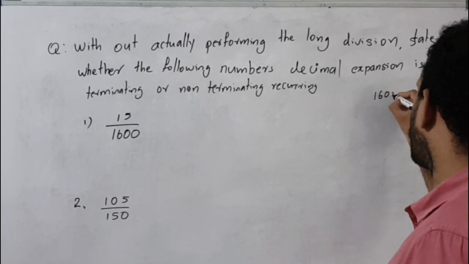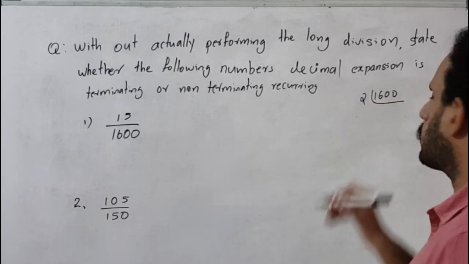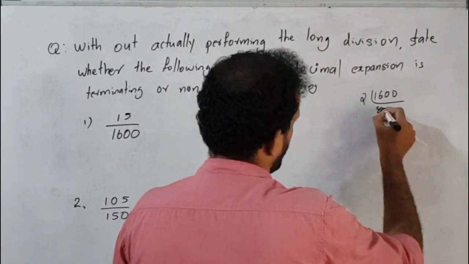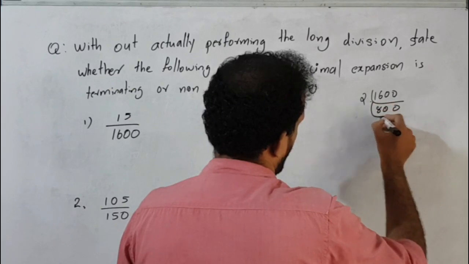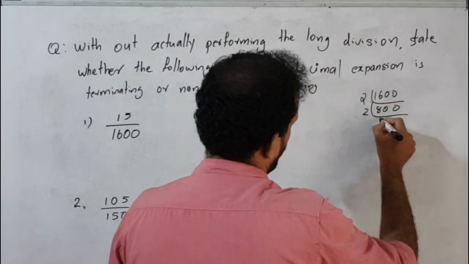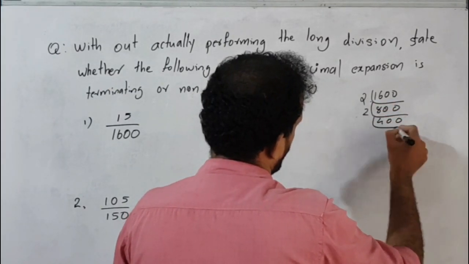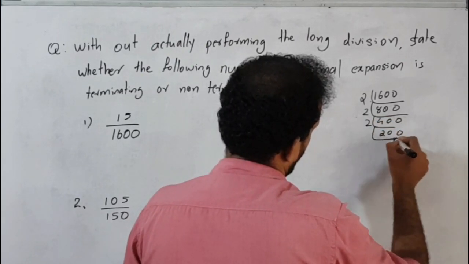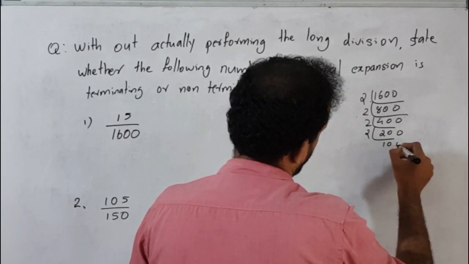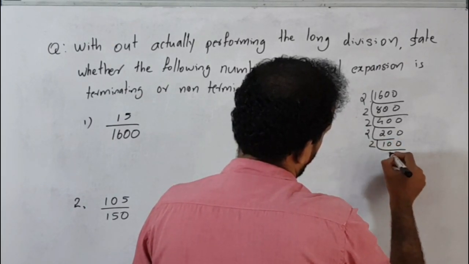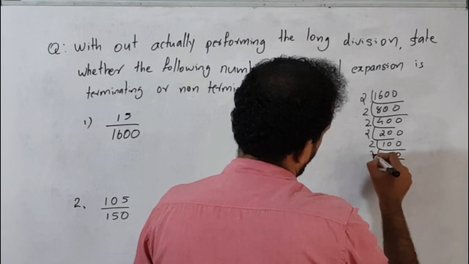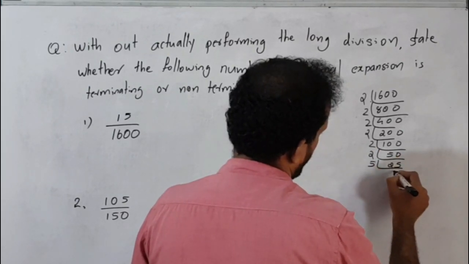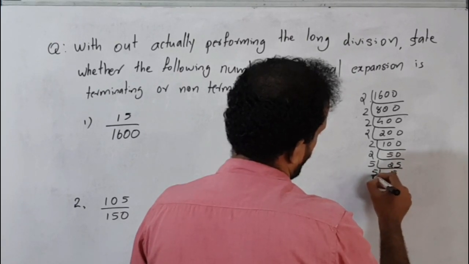Factorize by 2 first. 800, 2, 400, 2, 200, again 2, 100, 50, 25, then 5, 5, 5, 1.